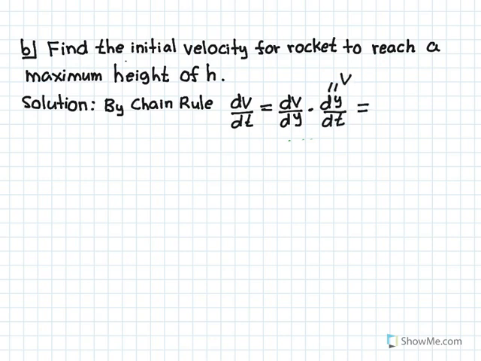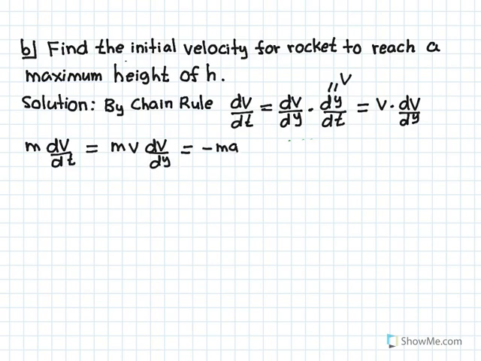So we can rewrite this as v dv/dy. So we have mass times dv/dt equal to mass times velocity times dv/dy, and this is equal to -mgR^2/(y+R)^2. So that's our differential equation.